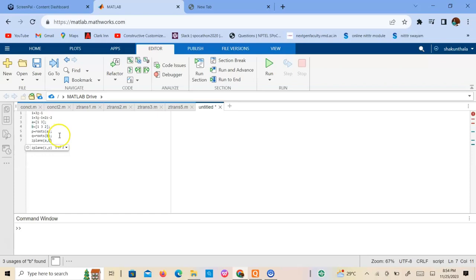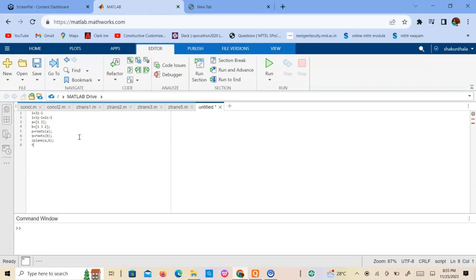So this zplane of a, b, what it gives means it will directly plot the pole-zero plot, okay. So we don't want to plot the signals, okay. zplane just gives the plot itself, okay. It will plot the zeros and the poles whatever we have given as a vector, okay, and it will generate the figure.